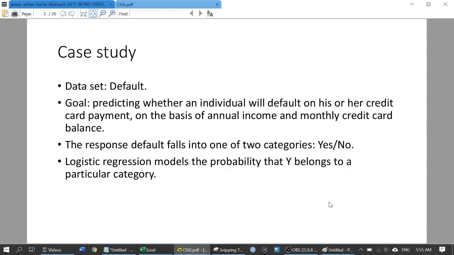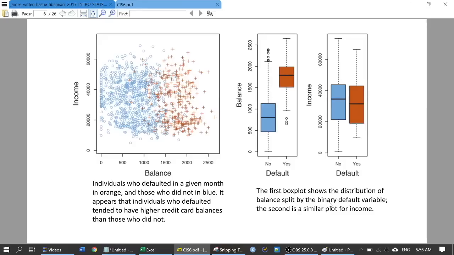So here we have two X variables, income and the credit card balance, and the response variable is a binary response variable, which is default or not default.